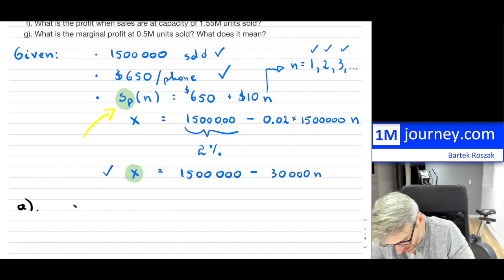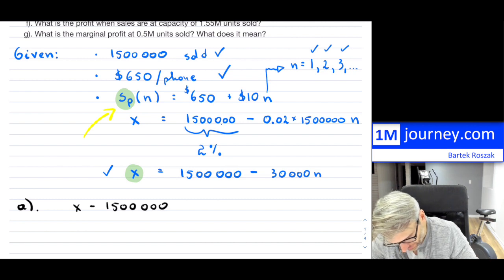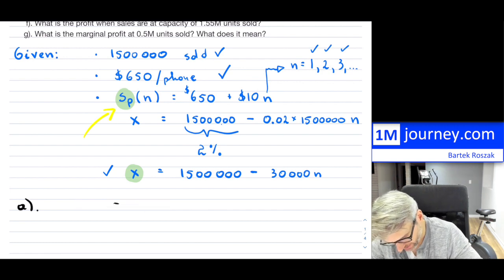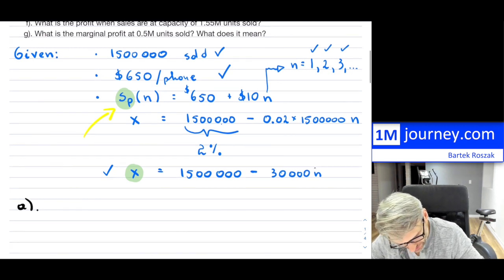So that's going to be x minus 1.5 million. Sorry, let me go back in here. I want to isolate for this n actually.